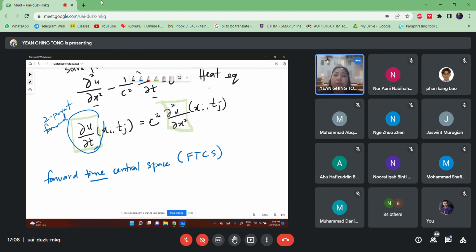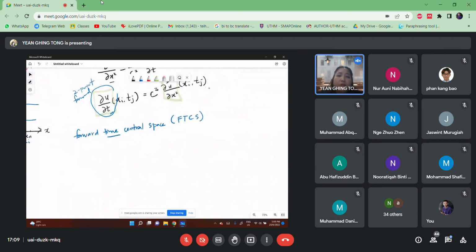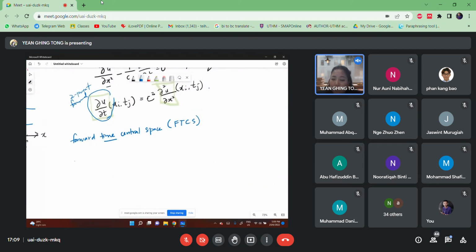Previously, the 2-point forward, let me write it below, is f prime x equal to f of x plus h minus f of x, divide by h. Now I want to change this into the finite difference form based on this equation.